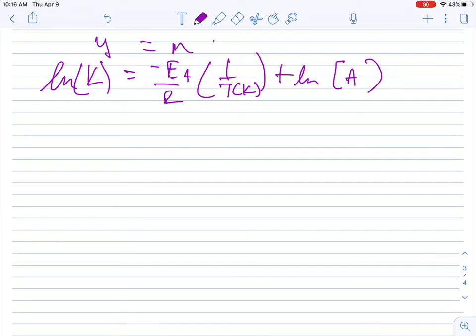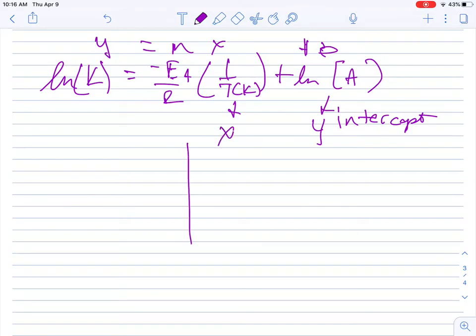And this is y equals mx plus b. Here's your y-intercept. This is on your x-axis, okay? So you all have done this graph, 1 over temperature in Kelvin.